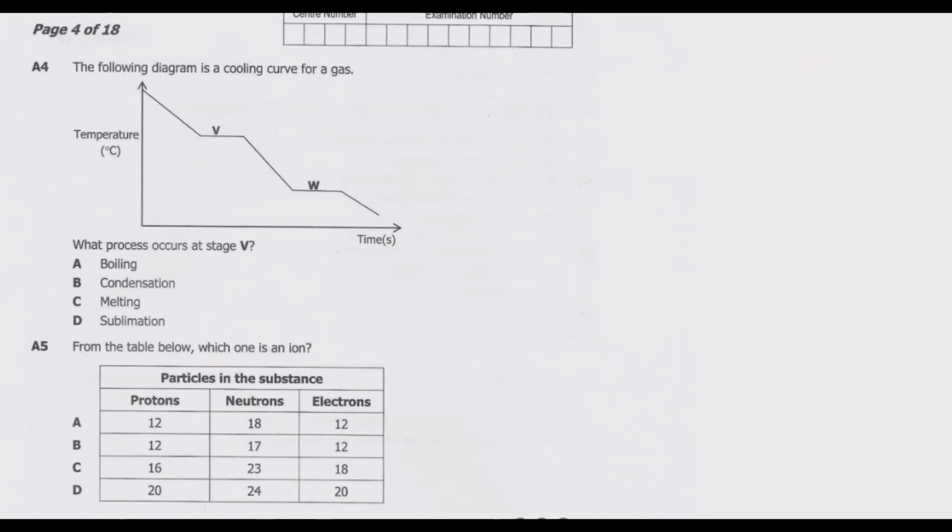Question 4. The following diagram is a cooling curve of a gas. What process occurs at stage V? So what we know is, here we have the gas itself. Then at V we have gas and liquid.